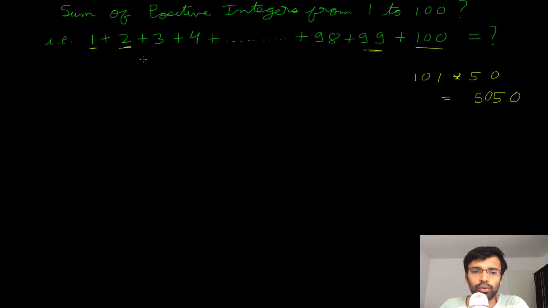Apparently this is a story of one of the most famous mathematician and physicist called Gauss. You will hear his name many number of times when you study physics, maths, and almost everywhere. So he was a 10-year-old kid when his teacher gave him this question to solve.